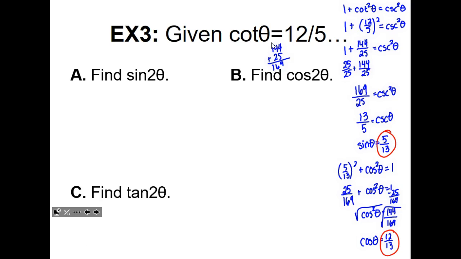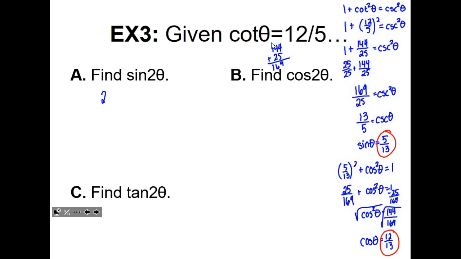You might see this, but you probably won't see any numbers bigger than this on the problem that you're asked to do without the calculator. The homework may have bigger numbers on it because the textbook allows you to use a calculator. It's fine to use the calculator on the homework whenever you have bigger numbers, but just know on the test you're going to have to be able to do this without a calculator. But they will be smaller numbers.